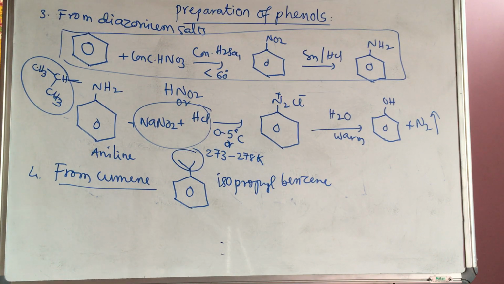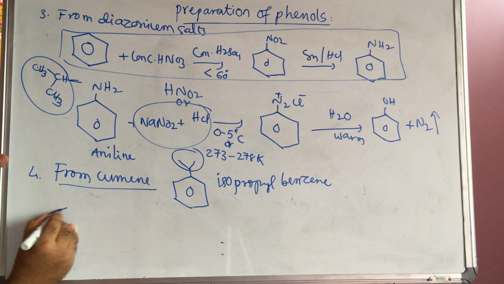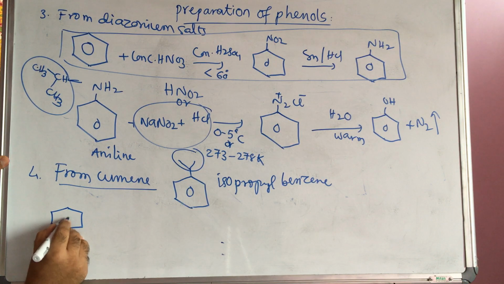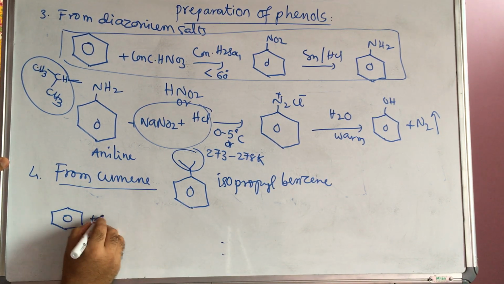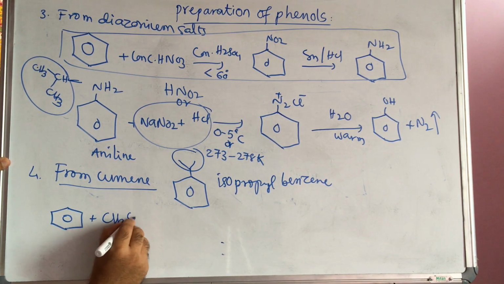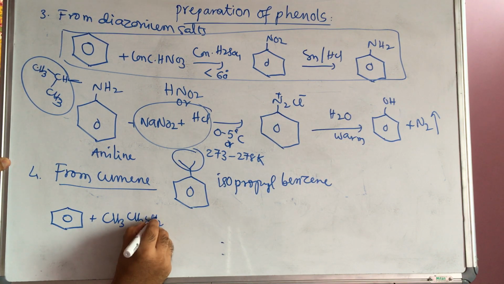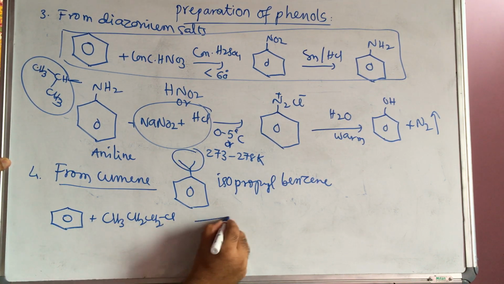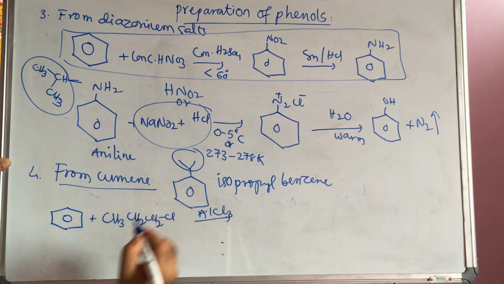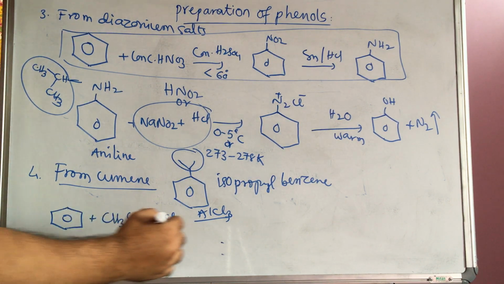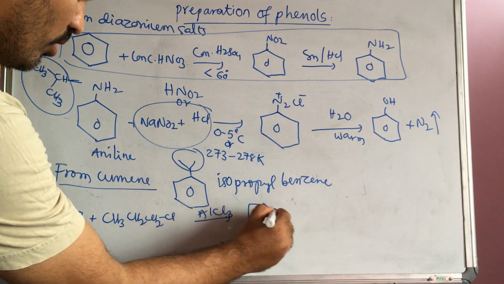How to prepare this? For example, take benzene. This benzene reacts with CH3CH2CH2Cl in the presence of AlCl3 Lewis acid, a Friedel-Crafts alkylation reaction.